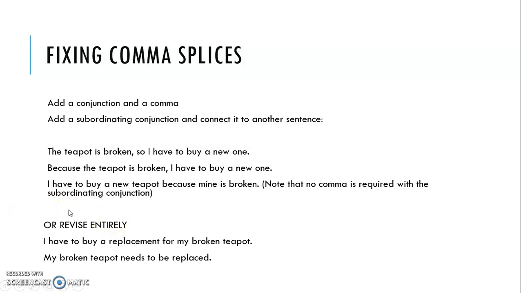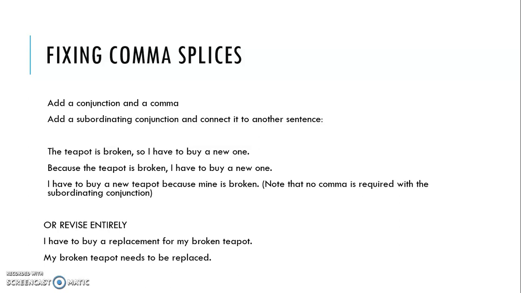Or, and I always offer this because the best way to avoid a mistake is to just not do anything that confuses you, you can always just revise the sentence entirely so that you're not in a position where you're worried about whether or not it's a comma splice. So I have to buy a replacement for my broken teapot, or my broken teapot needs to be replaced.